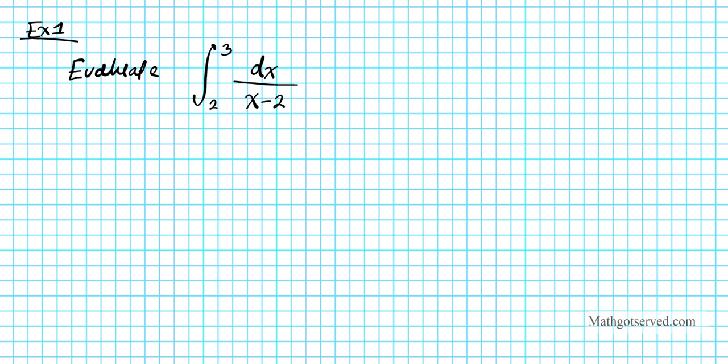So let's give ourselves a visual so we know exactly what we're dealing with here and what direction we're going to use. So let's say we're going from 2 all the way to 3, from here to there.